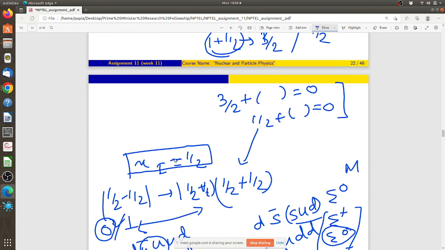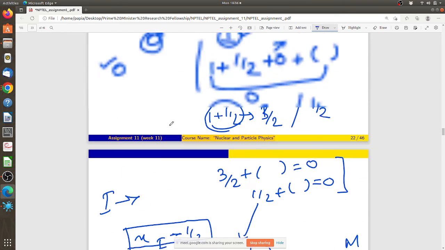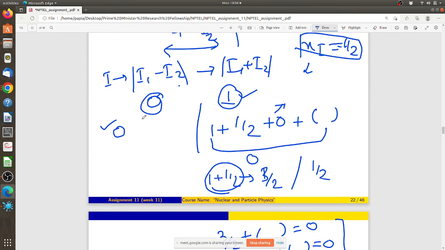We got the answer. Should I explain again what the thing is? Basically I is a vector addition quantum number. That's why we are going to add like that, so that in the left hand side its answer will be 0, and in the right hand side obviously the answer should be 0.